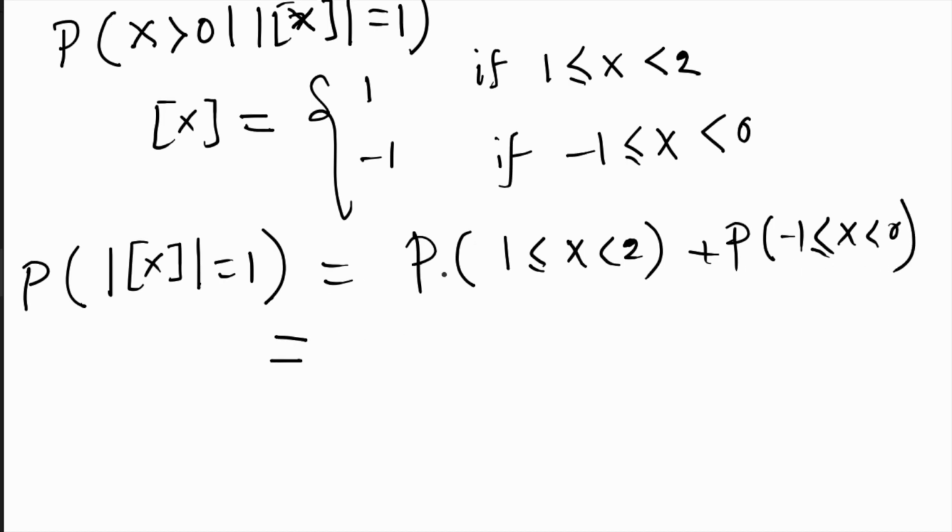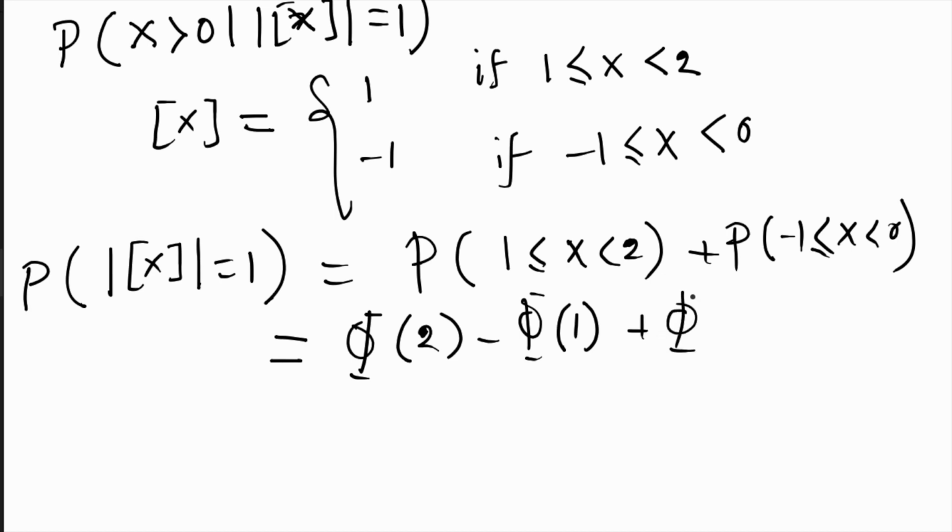So this is, with the cumulative distribution function of the standard normal distribution being phi, phi 2 minus phi 1 plus phi of 0 minus phi of minus 1.